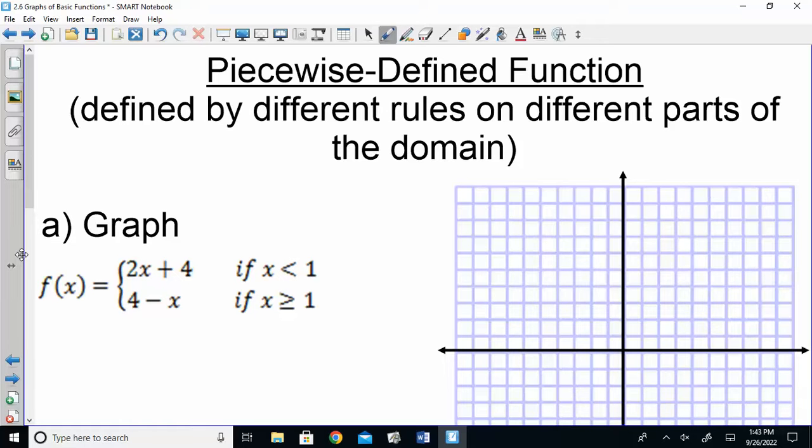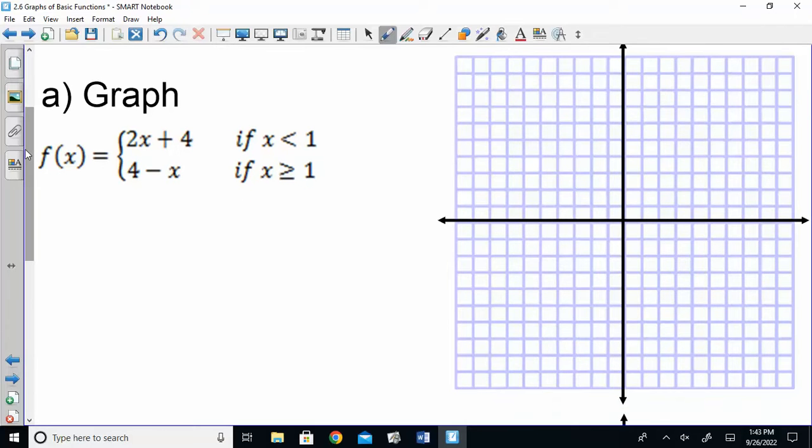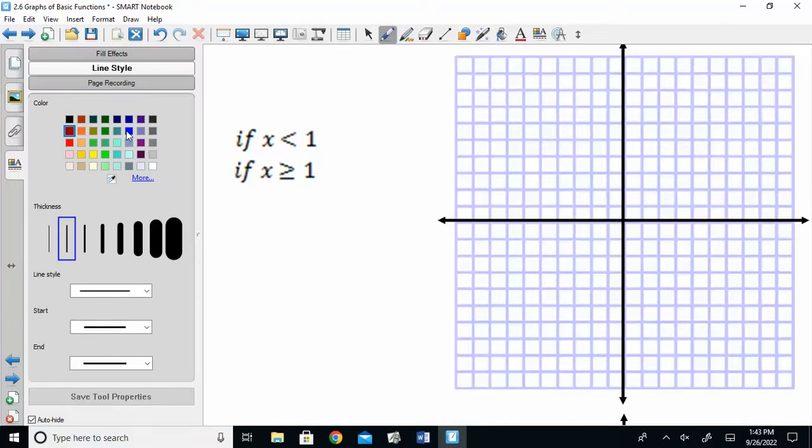So a piecewise function, it doesn't have a clear cut. It's always going to look like this. Basically, piecewise just means you have different rules on different parts of your graph, different rules on different pieces of the domain. And so when you graph these, what you did is made a t-chart for each piece.